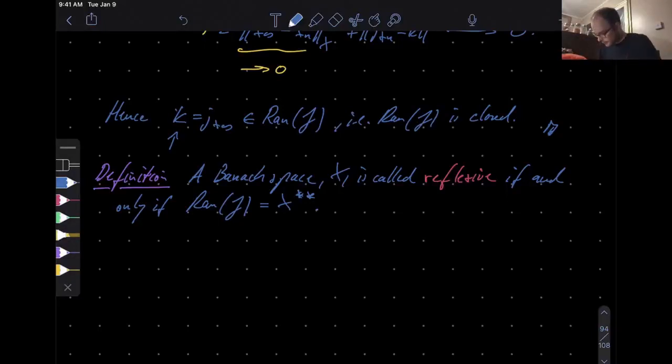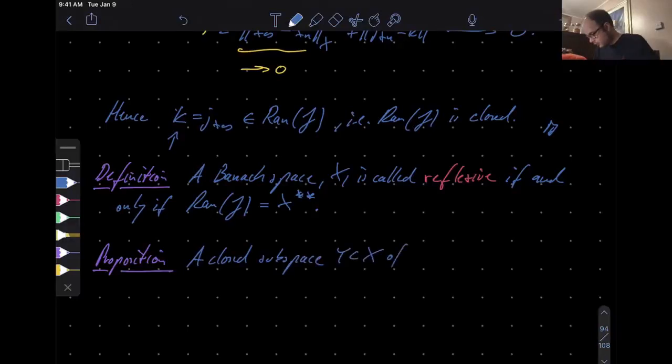Now, a few properties about this proposition. So a closed subspace Y of a reflexive Banach space X is reflexive.